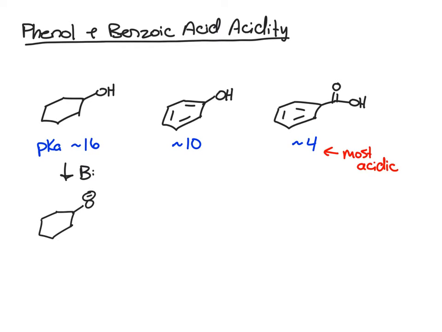Now we get our conjugate base, and here our conjugate acid is BH+. So for all of these, if we react with some base, we can draw the conjugate bases of the acids.